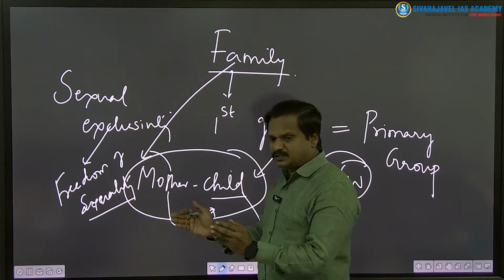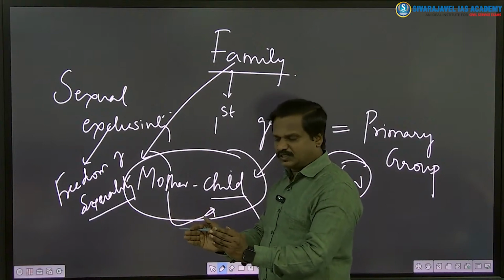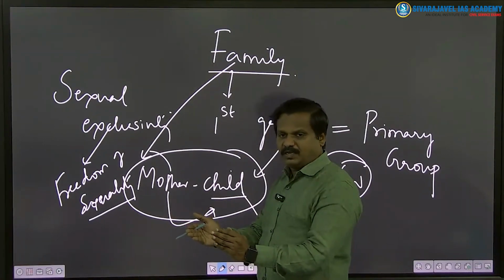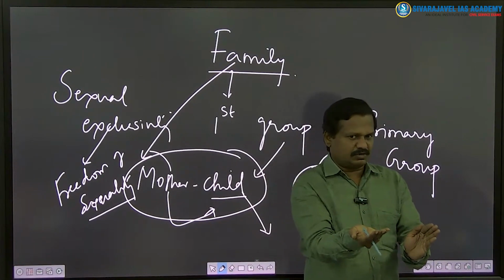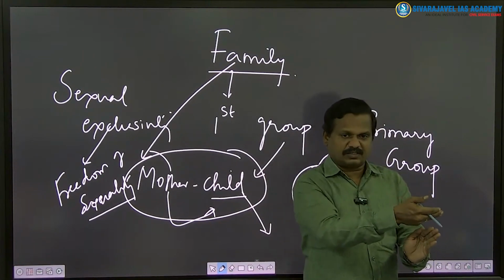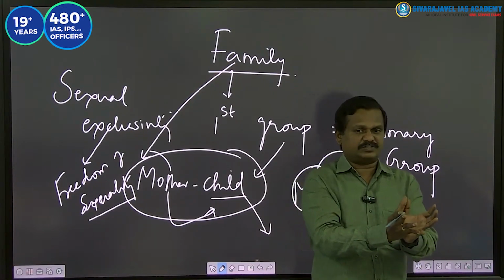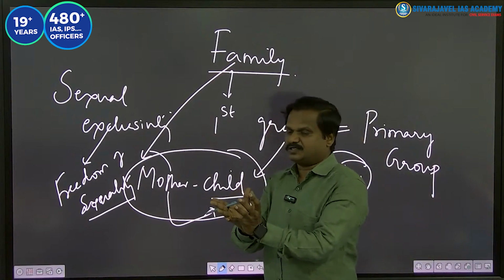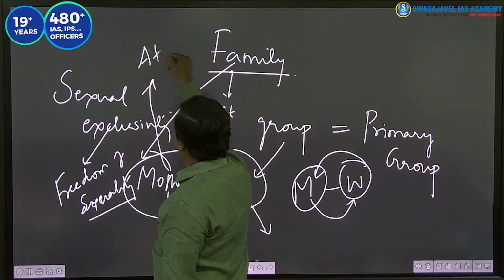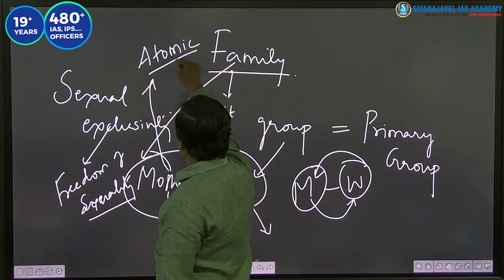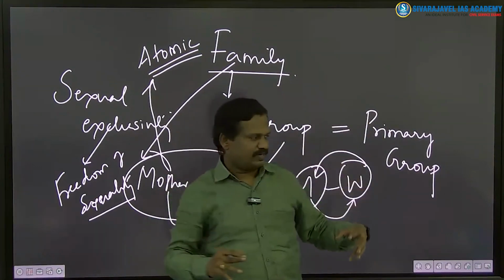Therefore the first group, a family having only a mother-children group, is called atomic family.